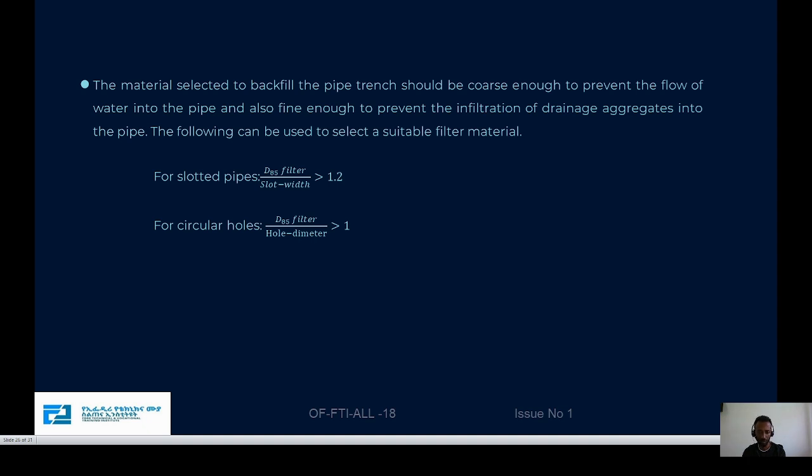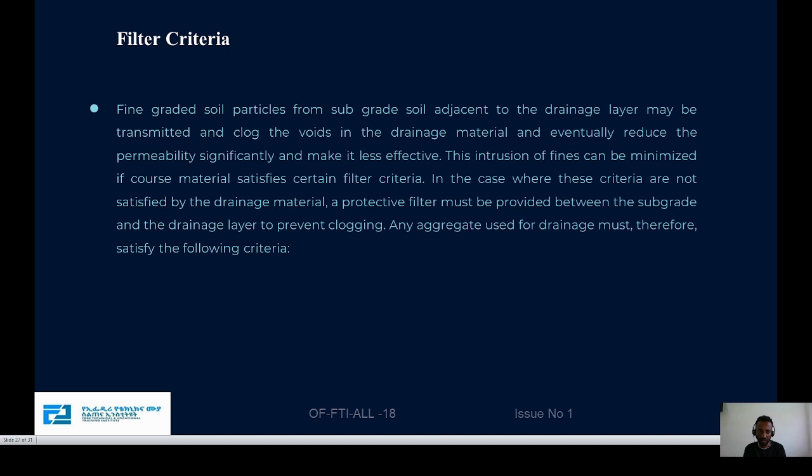If it is less than 1, the hole will be greater and the aggregate will be smaller. If the hole is small, the aggregate will be greater. So we mostly want a value greater than 1.